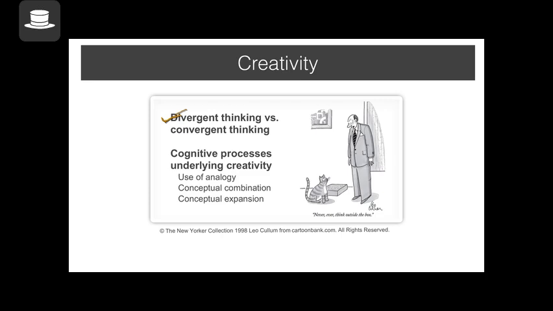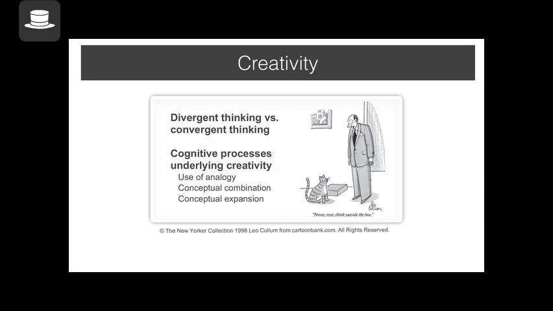Now, best practices underlying creativity would be use of analogy. When you're trying to find a solution to a problem, you're thinking about other analogies that are similar or maybe not so similar. Maybe they're superficially similar, and in a deeper sense, they are not. So, using an analogy would be one good method.